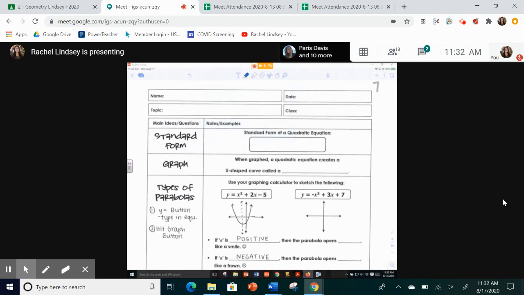Okay, so the standard form of a quadratic is always y equals ax squared plus bx plus c.